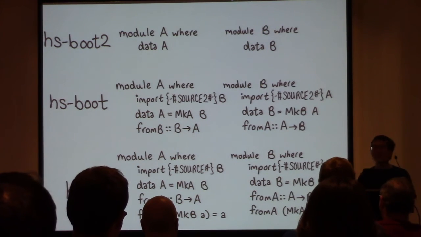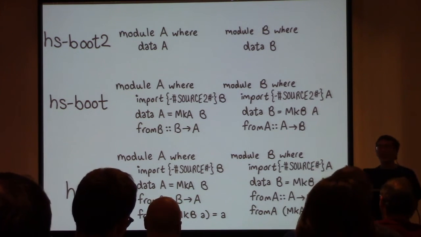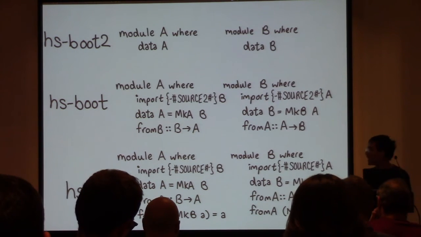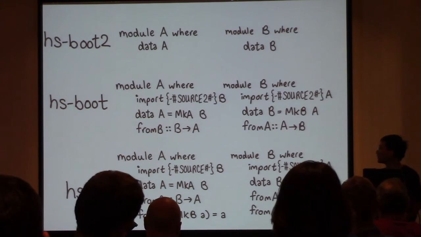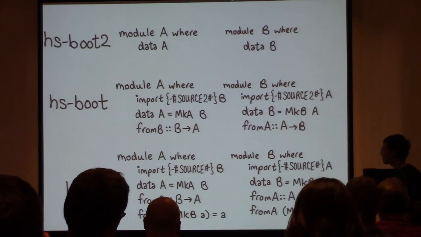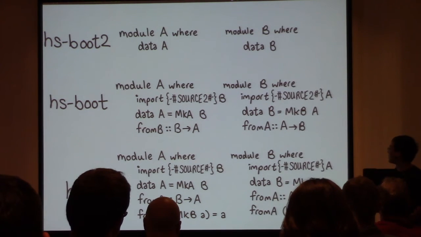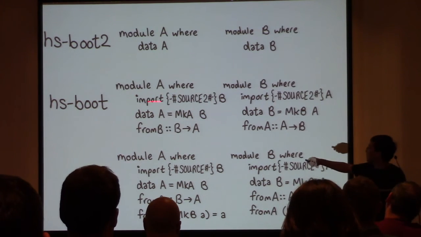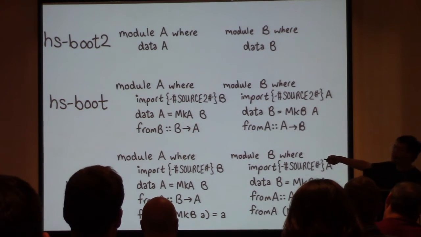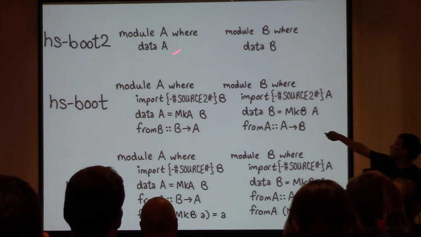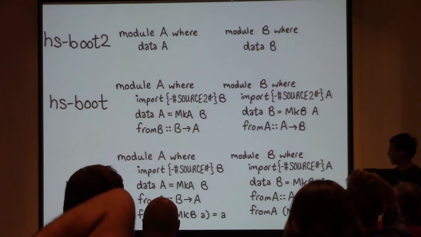So perhaps I mistitled the talk. I started with, look, no signatures, but actually the way you solve the problem is by adding more signatures. There's a lot of code here, but basically I've written down a plausible implementation of hsboot, and at the very top level, I just have abstract type signatures.